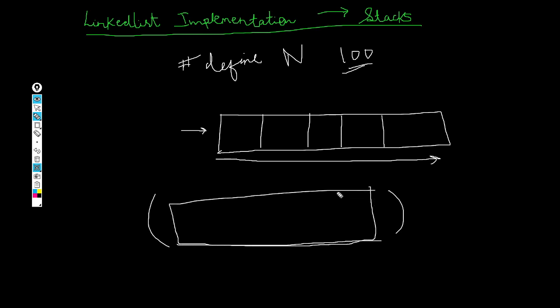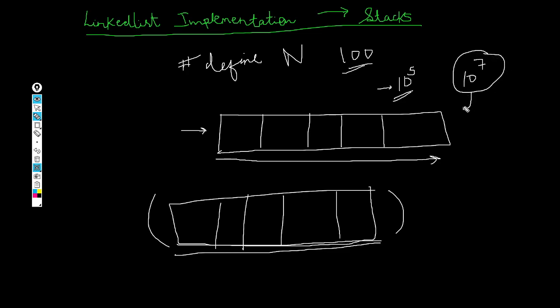Even in the ideal scenario where we have a lot of memory free, the maximum size you can go up to with an array is of the order 10 to the power 5 with local arrays, and 10 to the power 7 if you declare the array globally, and that too an array of booleans. So that doesn't serve our purpose, right?